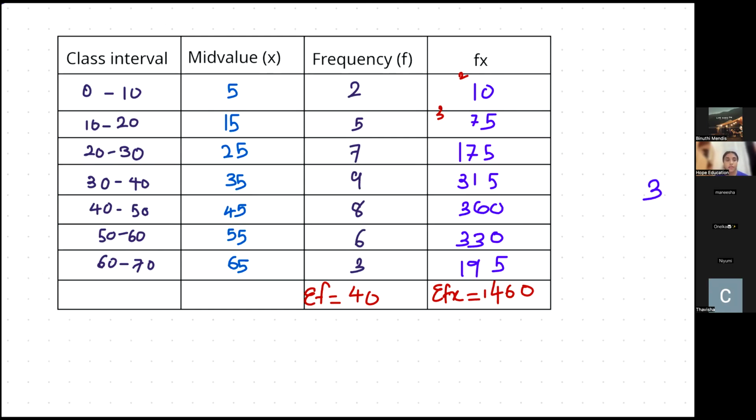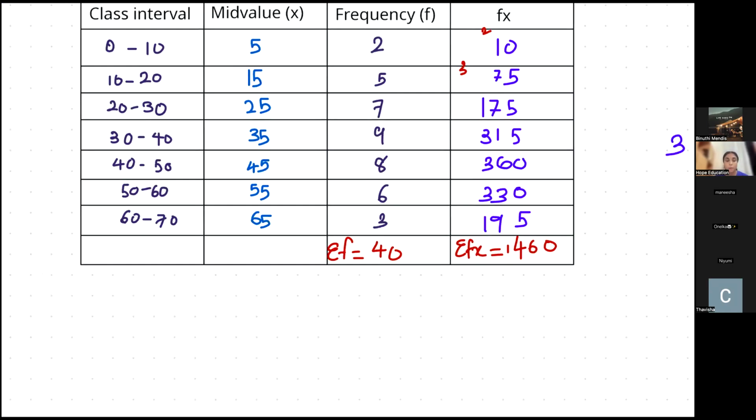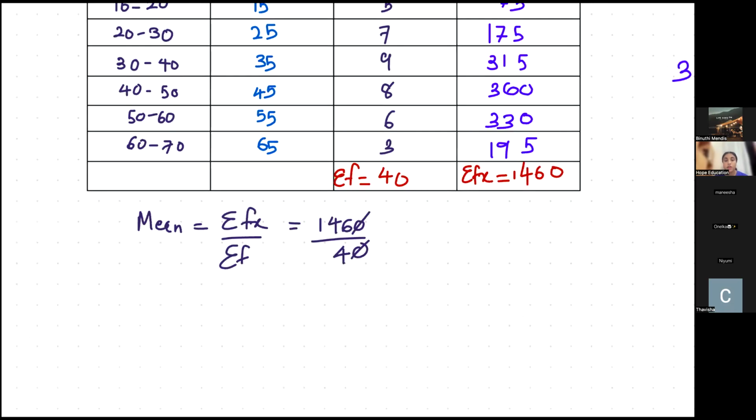Yes. Next, we have to find the mean. So mean is equal to sigma fx divided by sigma f. Sigma fx is 1460 divided by sigma f, which is 40. The zeros cancel. 4 times 3 is 12, 13, 14, 2 remaining, 26; 4 times 6 is 24, 2 remaining.